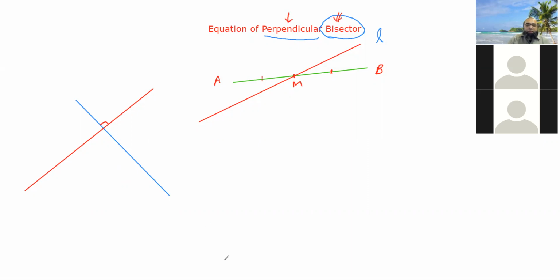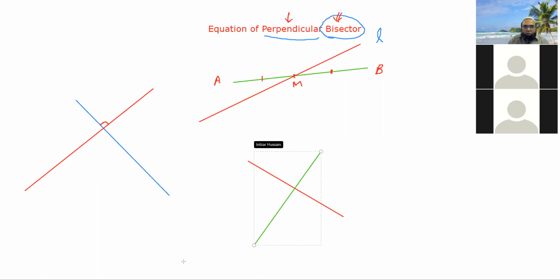Now suppose I have a line like this. Suppose one line is like this, and the other line is, let's say, I'm just trying to draw this so that the green line is passing through the midpoint of the red line.